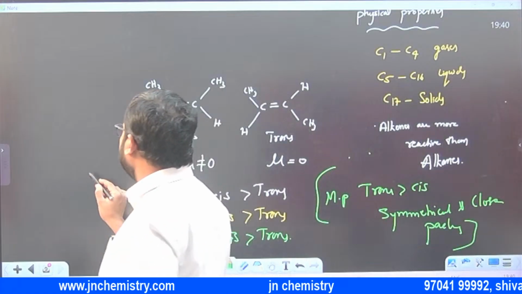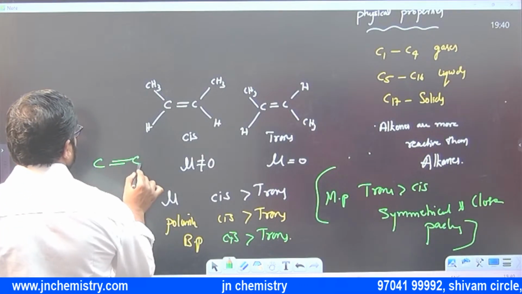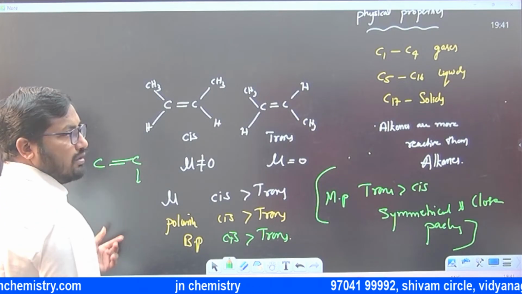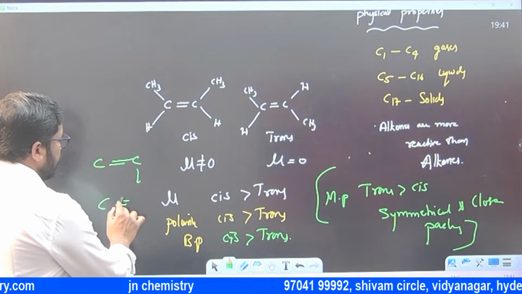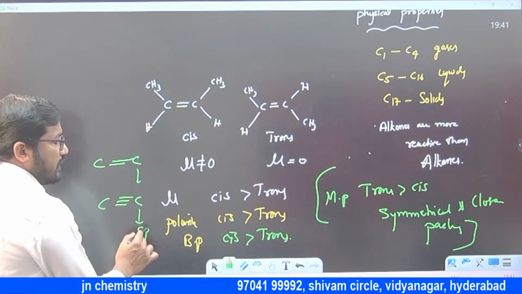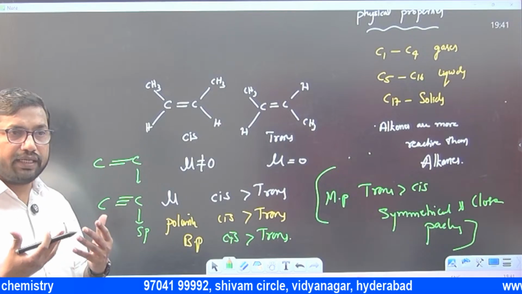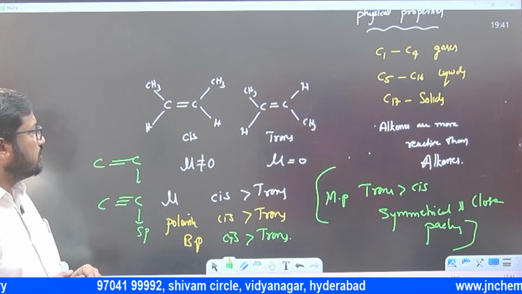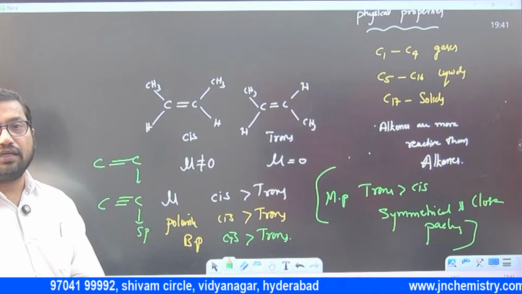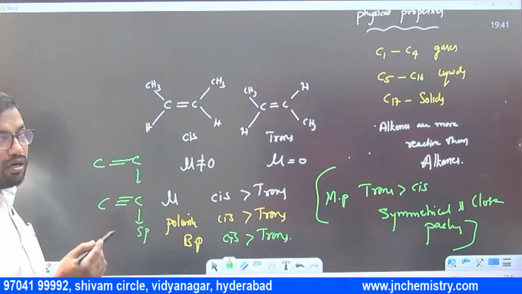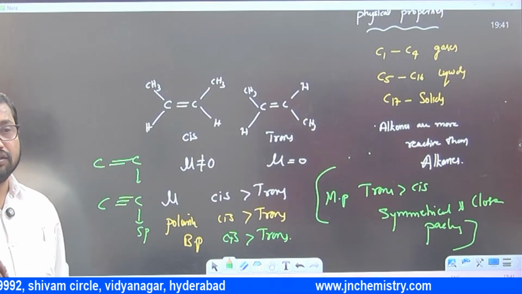In alkenes, the carbon is sp2 carbon, right? And in alkynes, sp carbon. So the percentage of s character increases, electronegativity increases, slightly polar.